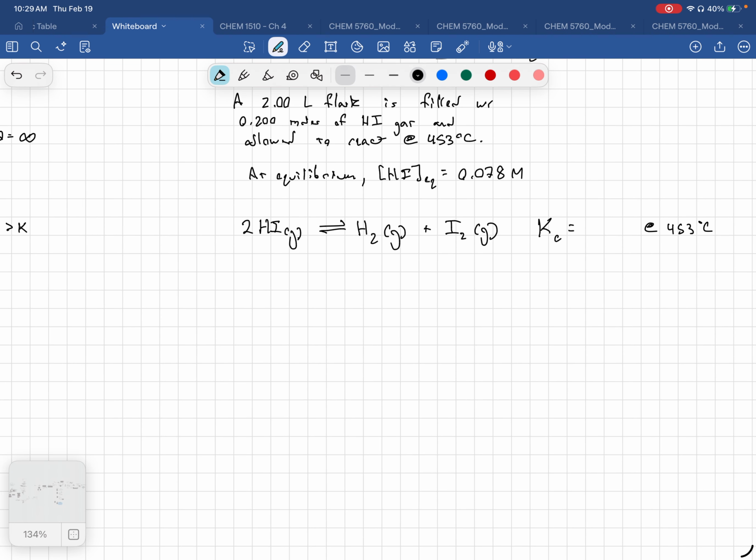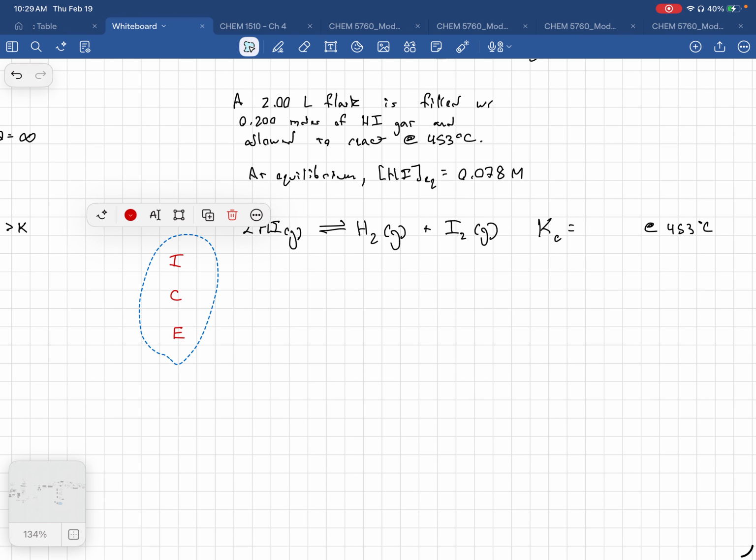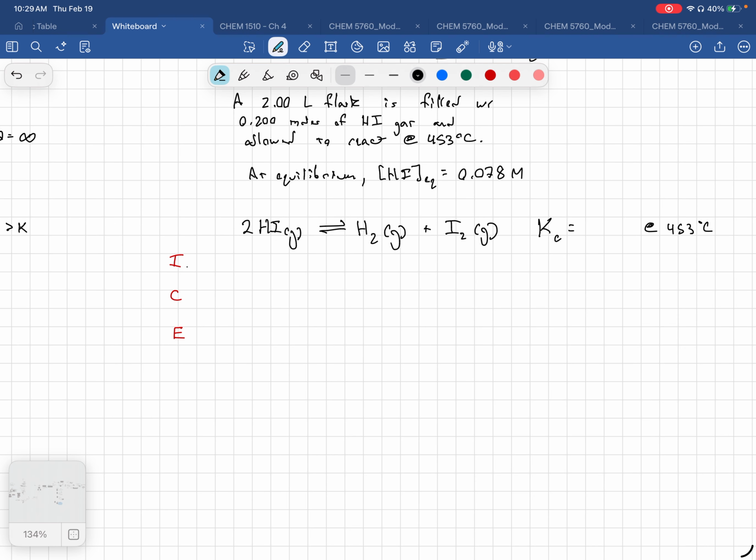So what is an ICE table? ICE: I stands for the initial concentrations, C stands for the change in concentration, and E stands for the equilibrium concentrations.